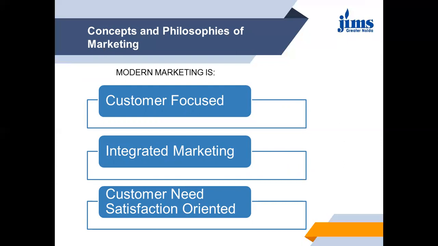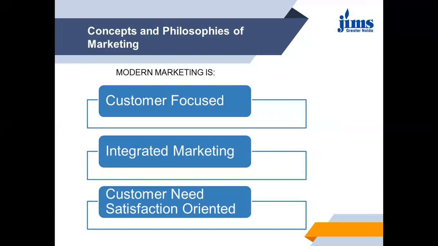And through integrated marketing, when I talk about integrated marketing, I talk about different elements of marketing, not alone aggressive selling, not alone promotional measures. As I told you, it can be a mix of advertisement, it can be a mix of relationship building, it can be a mix of giving respect and regards to customer, it can be after sales service, etc. And all such elements used together form integrated marketing.